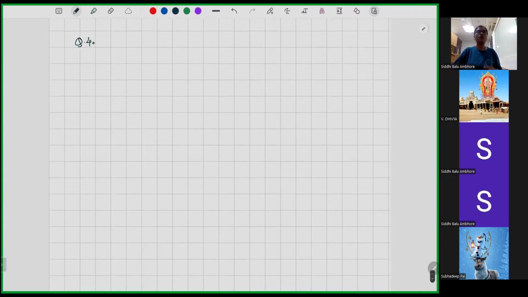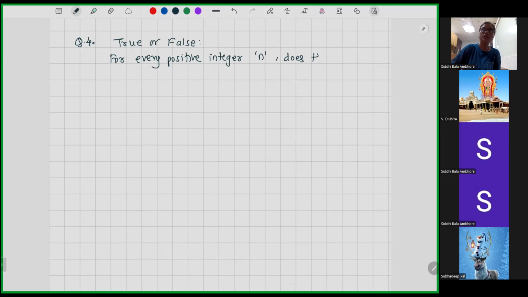Okay, so we'll move to the next question. I hope it is clear. True or false: we have to check the following, that for every positive integer n, where n is any positive integer, does there exist an integral domain with exactly n prime ideals?